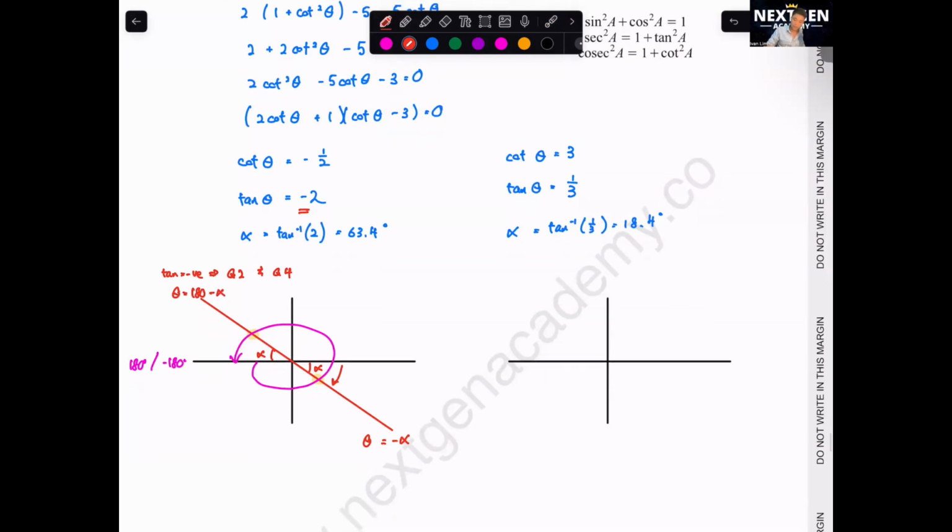Whereas for this one, your tangent is equals to positive, so we will take quadrant 1 and quadrant 3. Draw here, quadrant 1, quadrant 3. Alpha and alpha here. The same thing, we will take from the angles here all the way to here. This is from negative 180 to 180 degrees.